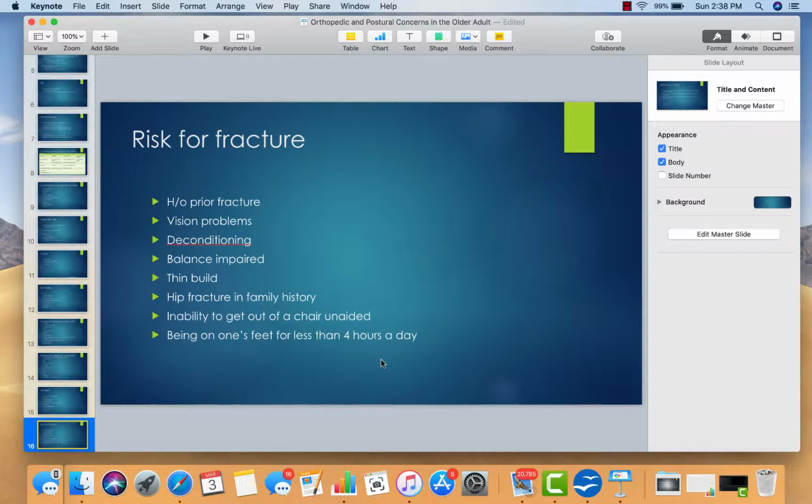We've talked about that before. Vision problems, I would say that's because someone's balance is compromised. Deconditioning, balance impairment, thin build, hip fracture in the family history, inability to get out of a chair unaided, and being on one's feet for less than 4 hours a day.